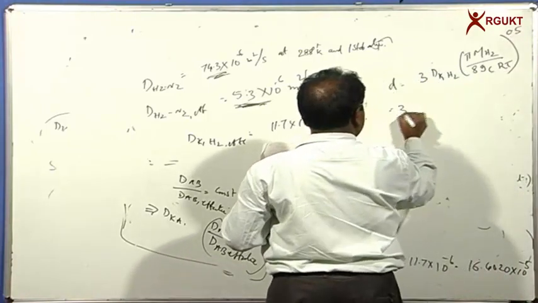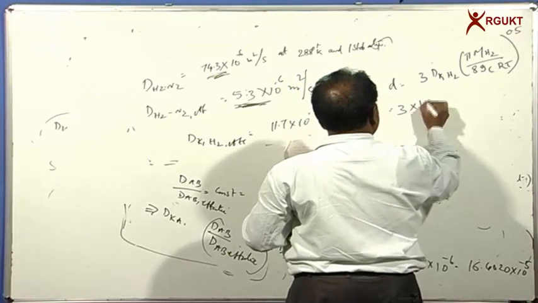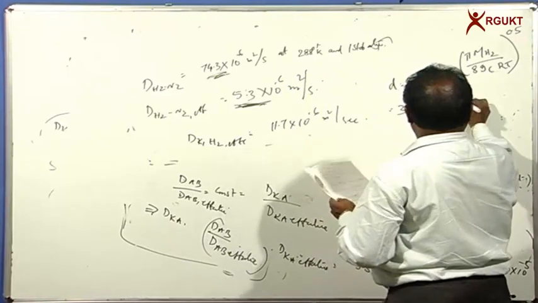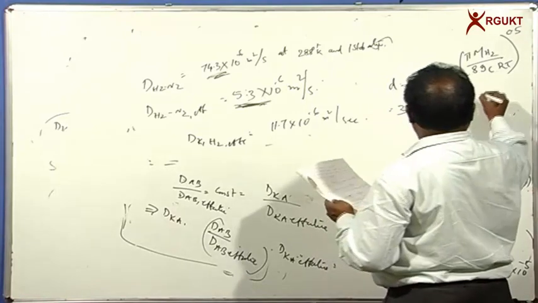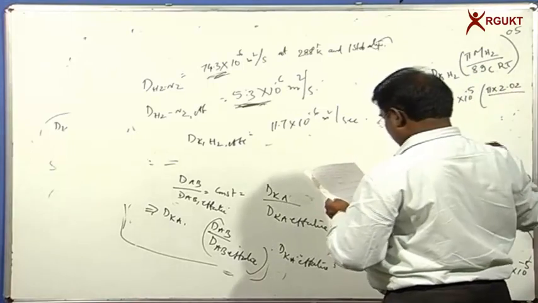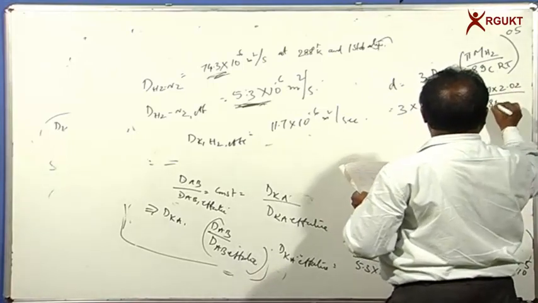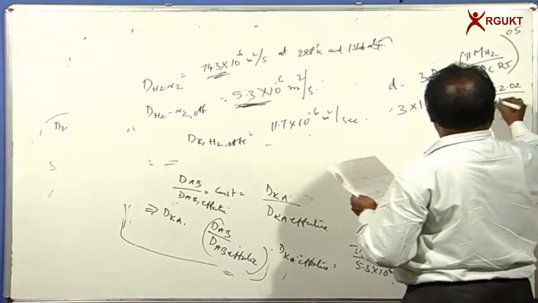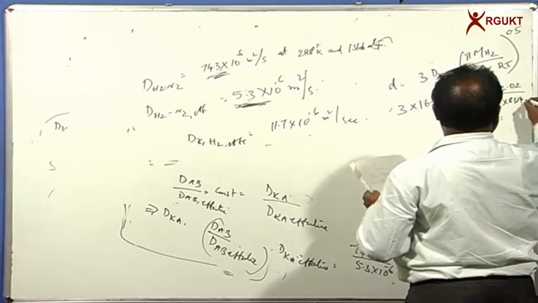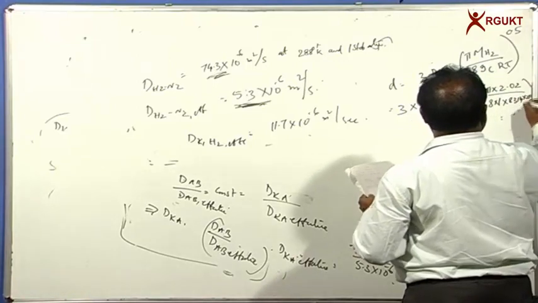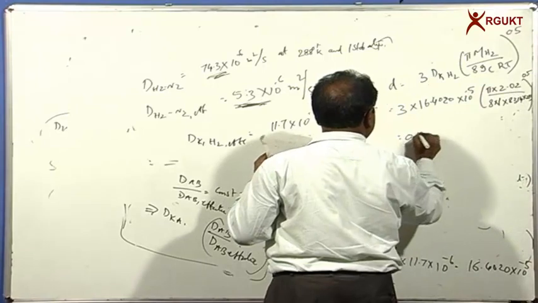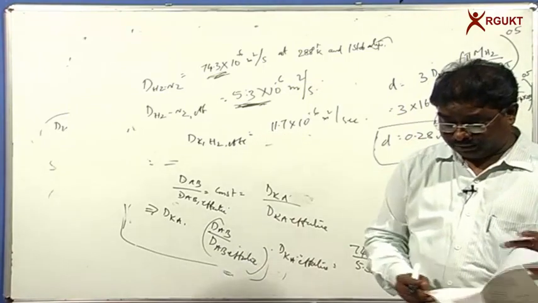That is nothing but 3 into 16.4020 into 10 power minus 5 into pi into 2.02 divided by 8 into 1 into 8314 into 293, to the power of 0.5, that is equal to 0.28 micrometers.